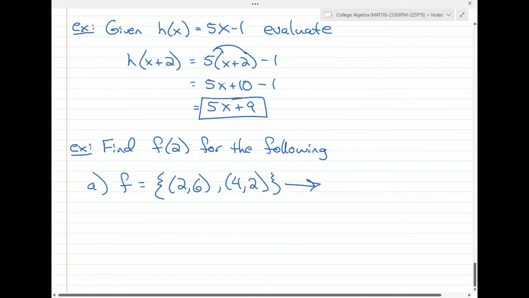This is a little bit of a different way to look at these problems. This is asking you, what is y when x is 2? There's a different way to look at it than the other one.